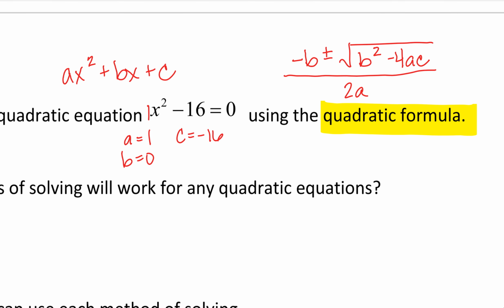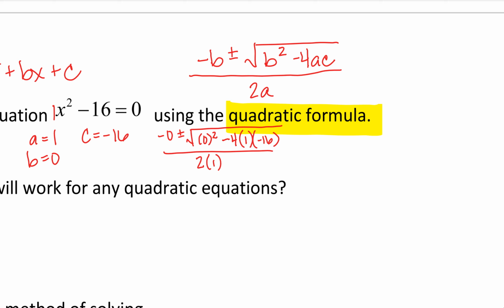Well, b is 0, so -0 plus or minus the square root of b squared. Well, that's 0 squared. Minus 4, a is a 1, c is a negative 16. All over 2, a is 1.